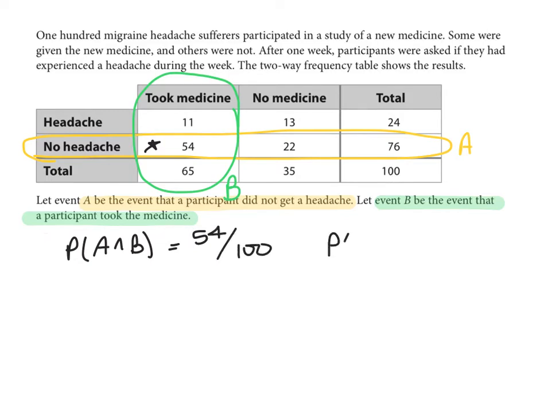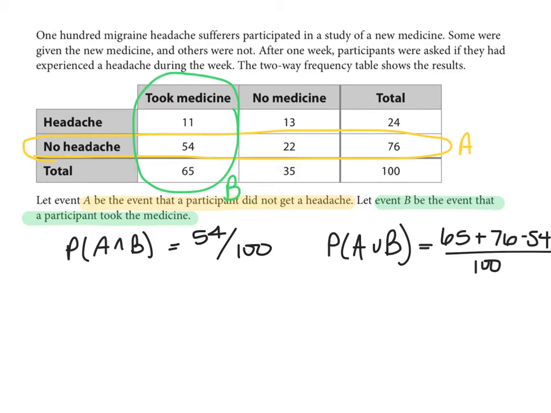If I did the probability of A or B, that would be all the ones that took medicine, which total 65, plus all the ones that didn't have a headache, that's 76, and then I subtract the overlap, which is 54, again, all out of 100. I just wanted to show you that to remind you of what that looks like.